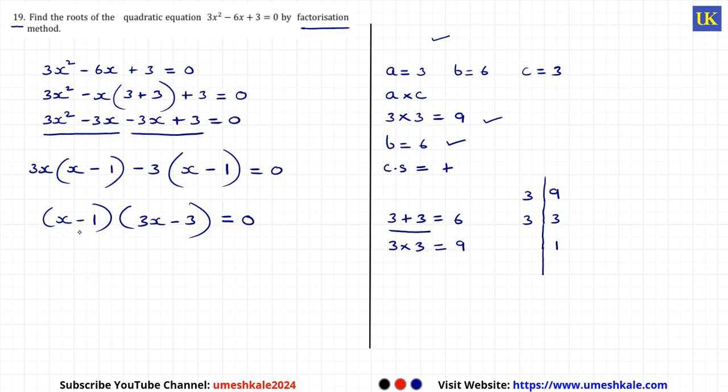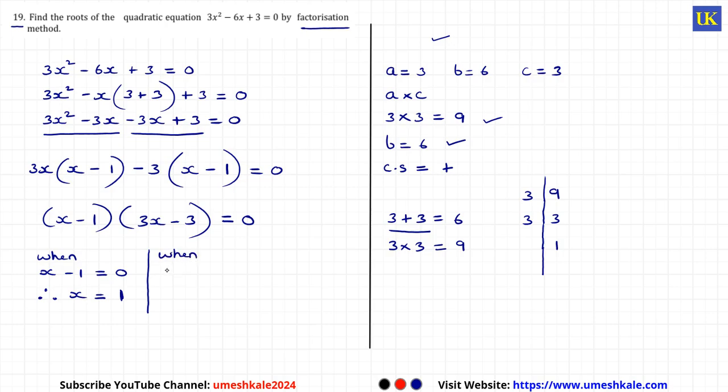Now what we will do, we will equate this thing with 0 and this thing separately with 0. So when x minus 1 we equate with 0, therefore the 1 will go that side and it will become positive, x equals 1 plus 1, because here it is minus, so when it goes to the other side it will become plus.